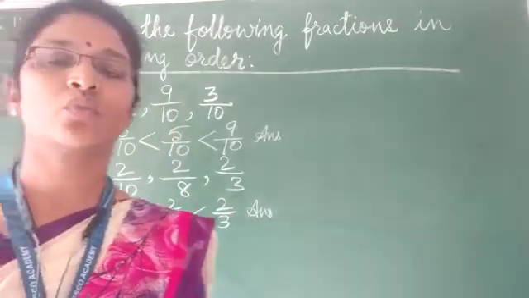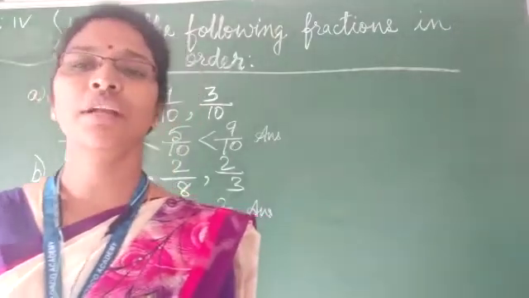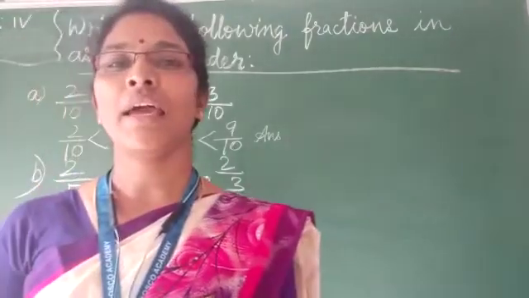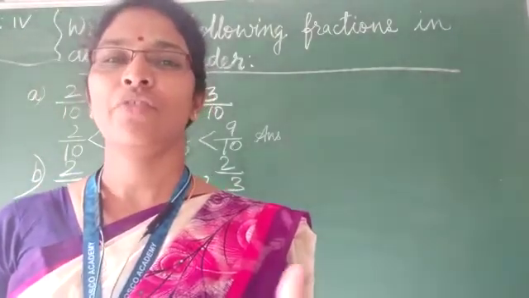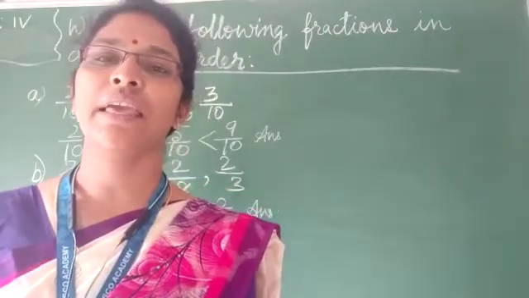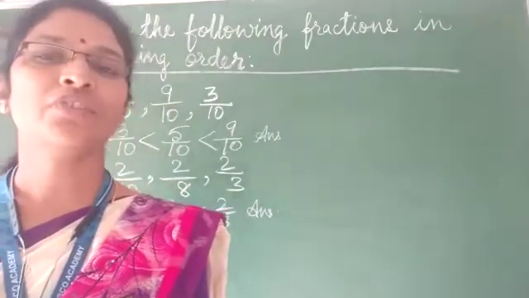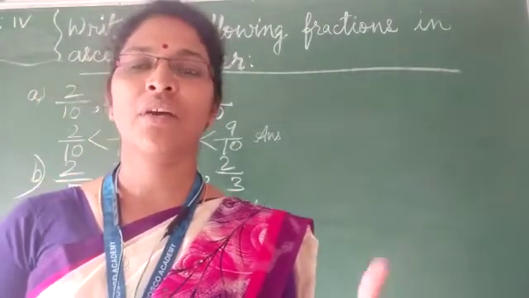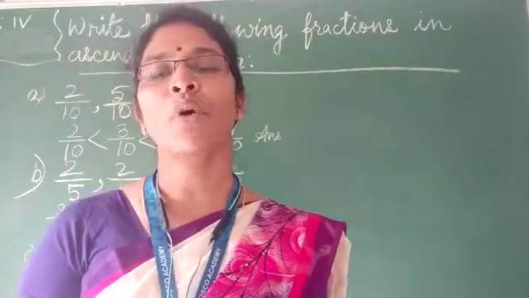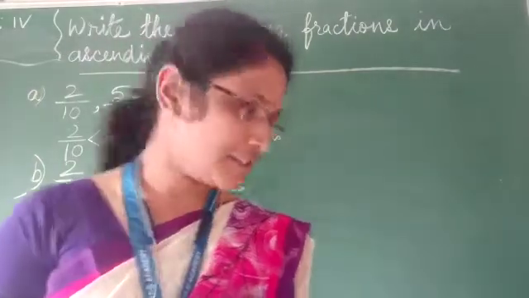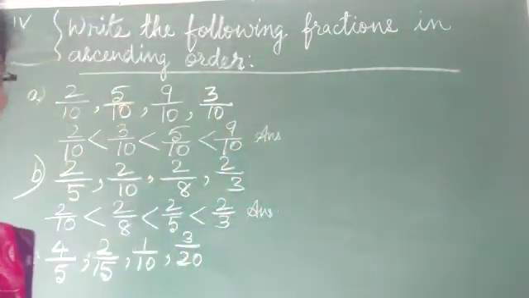In such a case, what do we have to do? We have to convert them into like fractions, or fractions having the same denominators. Then, what is the first step? The first step is to find the LCM of the denominators. Let's do that step first.